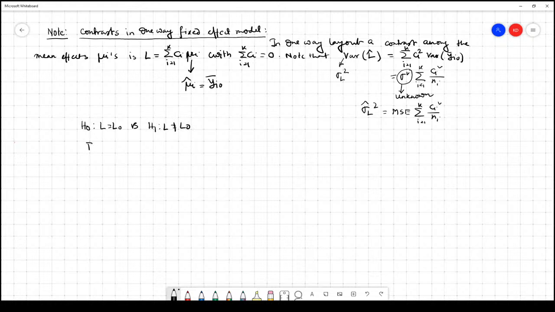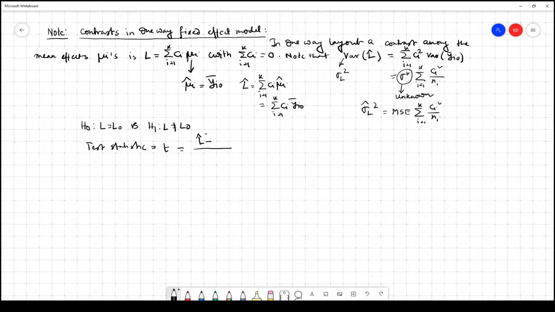In that case, the test statistic T is equal to L hat, where L hat means sum over I from 1 to k Ci mu I hat, and since mu I hat is yi naught bar, this is sum over I from 1 to k Ci yi naught bar.